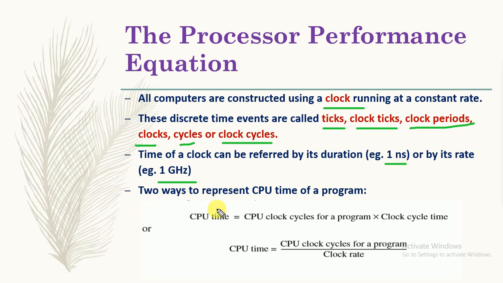So there are two ways to represent CPU time of a program. CPU time is equivalent to the CPU clock cycles for a program times the clock cycle time.